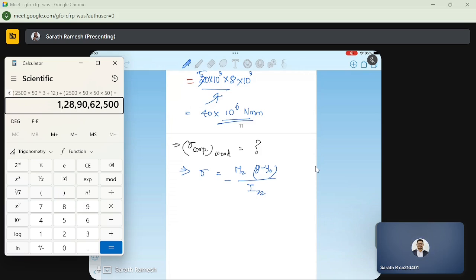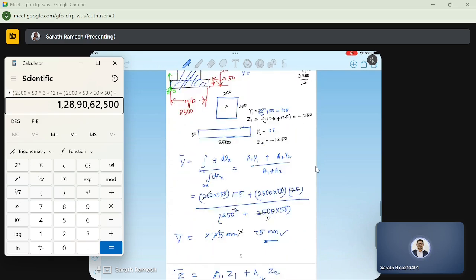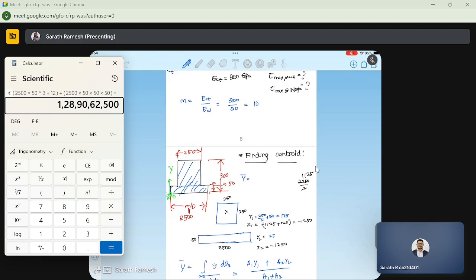So substitute everything. Now for wood, y is equal to what? For compression in the wood, y will be the top layer, so the maximum will be at the top layer. So what is the distance of the top layer from the origin? It is 300.